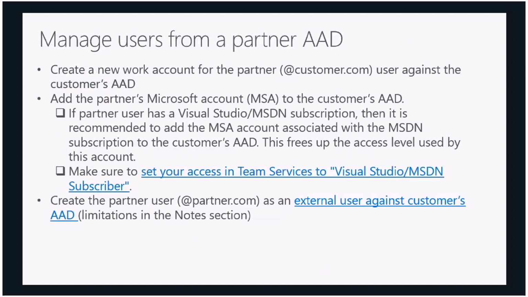A couple of notes that we want to highlight with respect to the users. In the case of a Dynamics 365 implementation, essentially the LCS project is set up against the customer tenant, which means that the customer will have to explicitly add users from any other tenant, either from the partner organization or from Microsoft for that matter. That would mean that we are from a different tenant than the customer's.